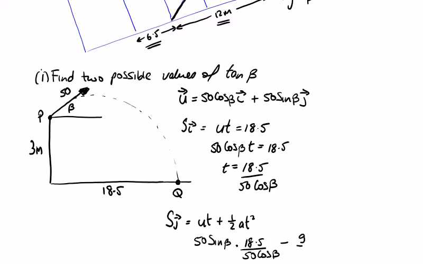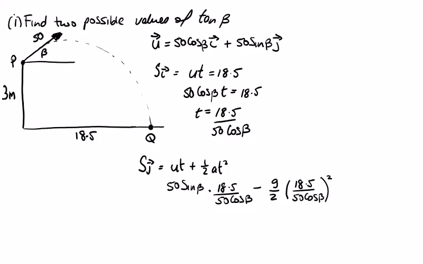Acceleration G, so minus G over 2 by my time to be squared. So that's going to be equal to minus 3.